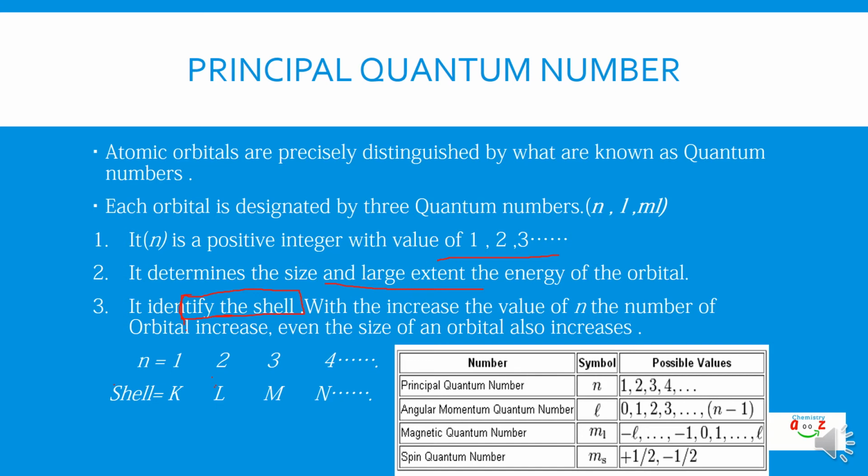In the same way, if the value of n is equal to 3, then you can say it is in the M shell and so on. Here you can see the principal quantum number value is 1, 2, 3 and so on, and the shell is K, L, M, N and so on. So principal quantum number gives an average distance of the electron from the nucleus.